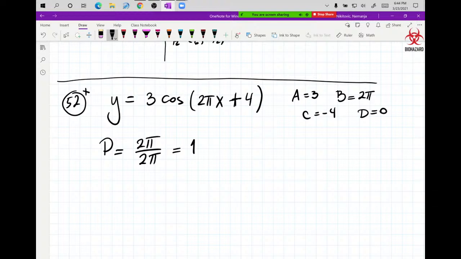Irrational, right? Not irregular, irrational. Anyway, so we have our period p as 1. Now, what is my start point? My start point is 2 pi x plus 4 equal to 0.